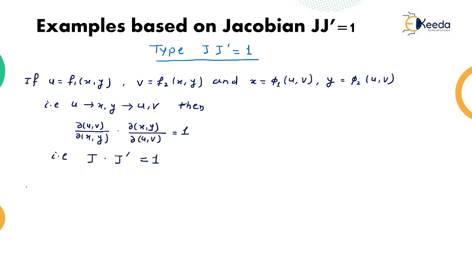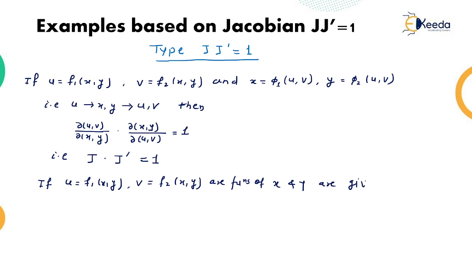Similarly, if u is f1 of x comma y, and v is some function f2 of x comma y, and only u and v are given to you, then first find directly J. J is nothing but, since u and v are functions of x, y given to you, the partial derivative of u, v upon partial x, y.